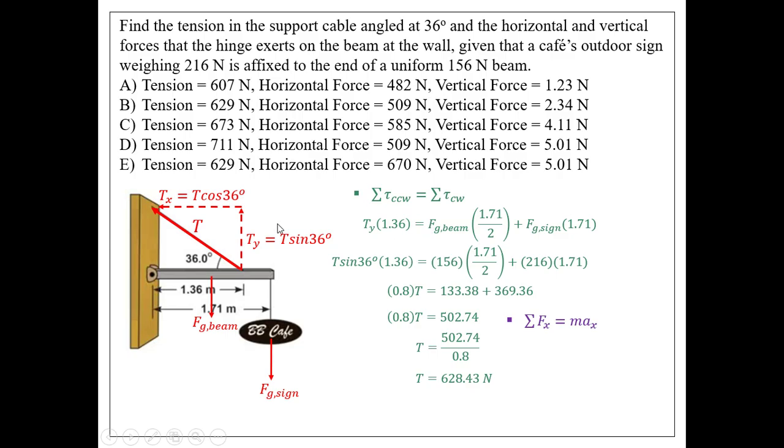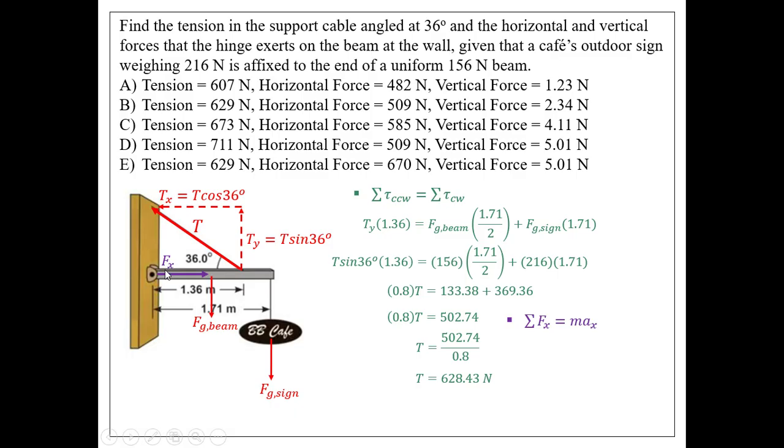Well, the system's at rest, so I can set up Newton's second law in the horizontal direction. And I'm doing this horizontal next just because horizontal force is given as the next statement, okay? I know my ax is 0 because the system's not moving, but if you think about it, in the X direction, there's only Tx pointing left from the tension in the string, so therefore the hinge here is going to exert an opposing force in the X direction in order for the system not to accelerate in the X direction.